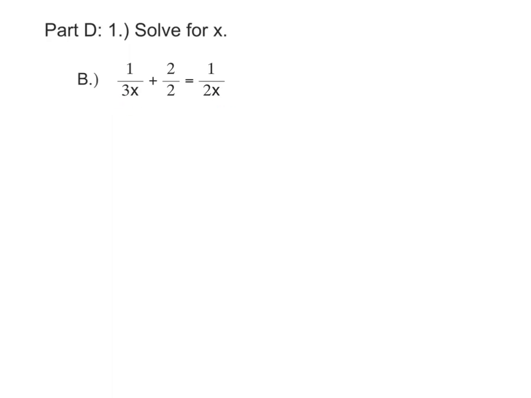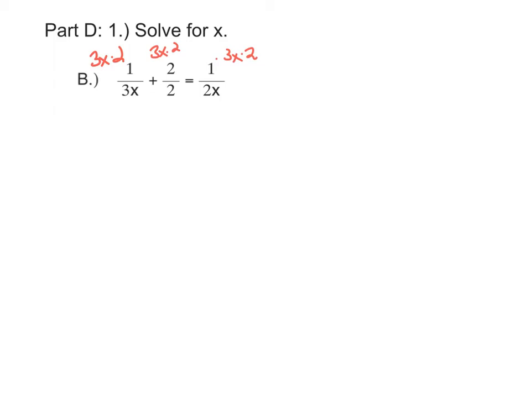So in this case, our common denominator is going to need a 3x and a 2. So I'm going to multiply every term by 3x times 2. Because I multiplied through by the same thing on both sides, we're still following the rules of solving equations.